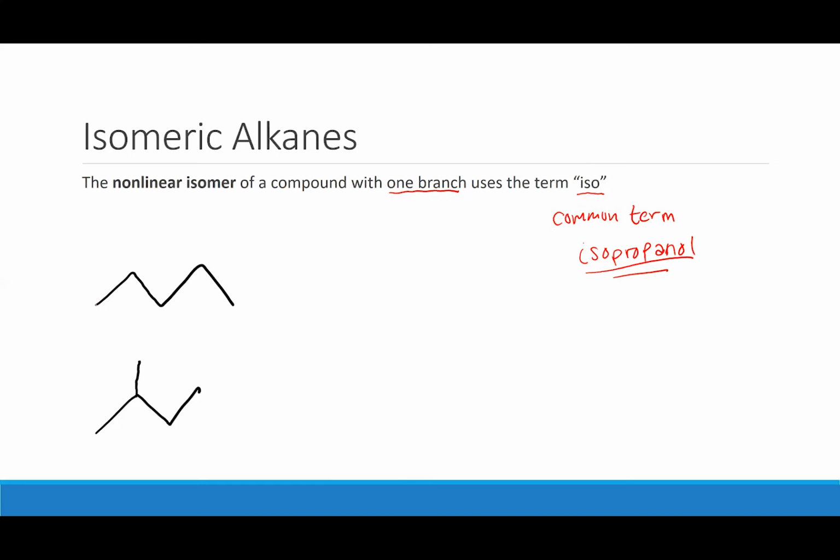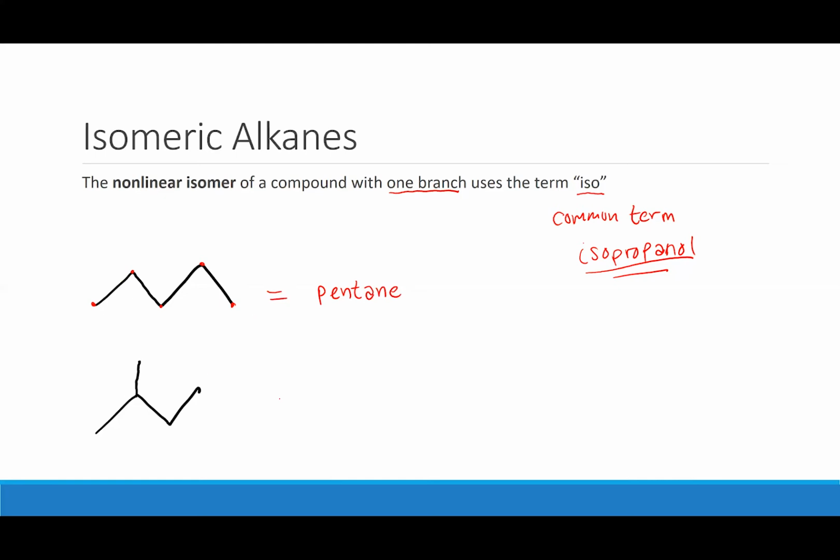Here you can see this is a compound that has 1, 2, 3, 4, 5 carbons in it. So 5 is pent, and it's all single bonded, so this structure is a pentane.